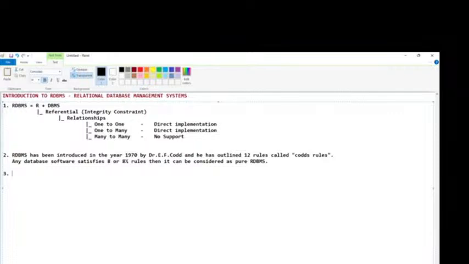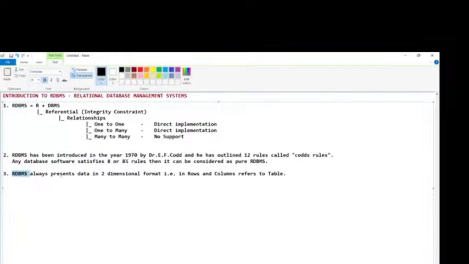Third rule. RDBMS always presents data in two-dimensional format, that is, in rows and columns, which refers to a table.